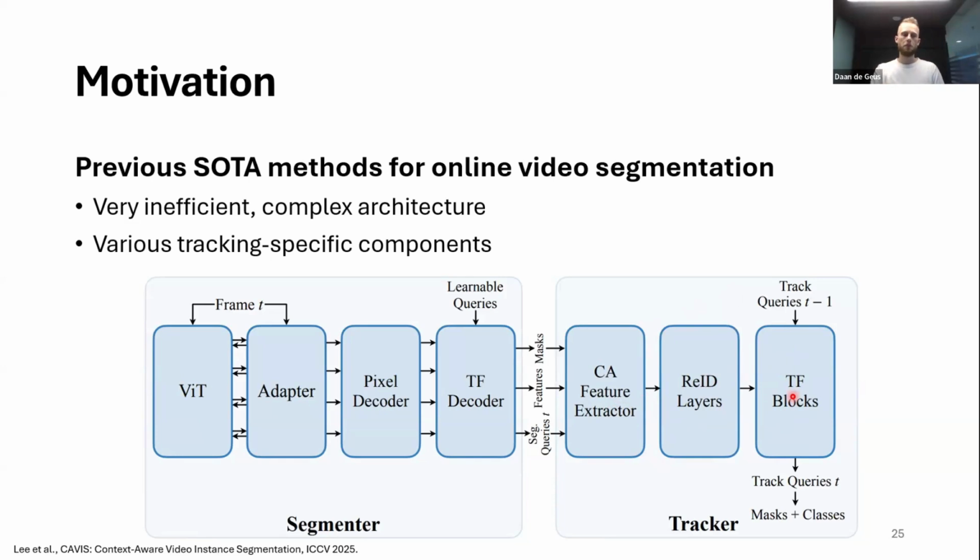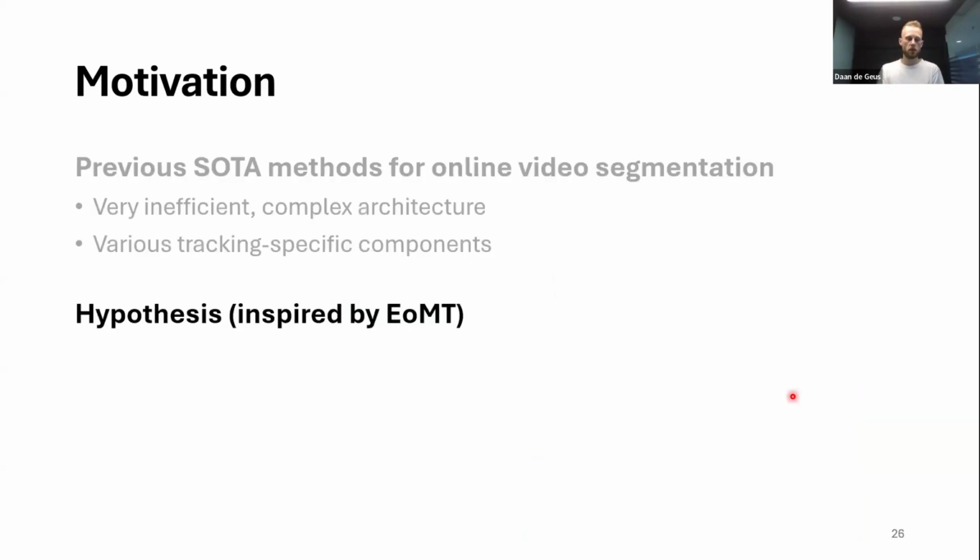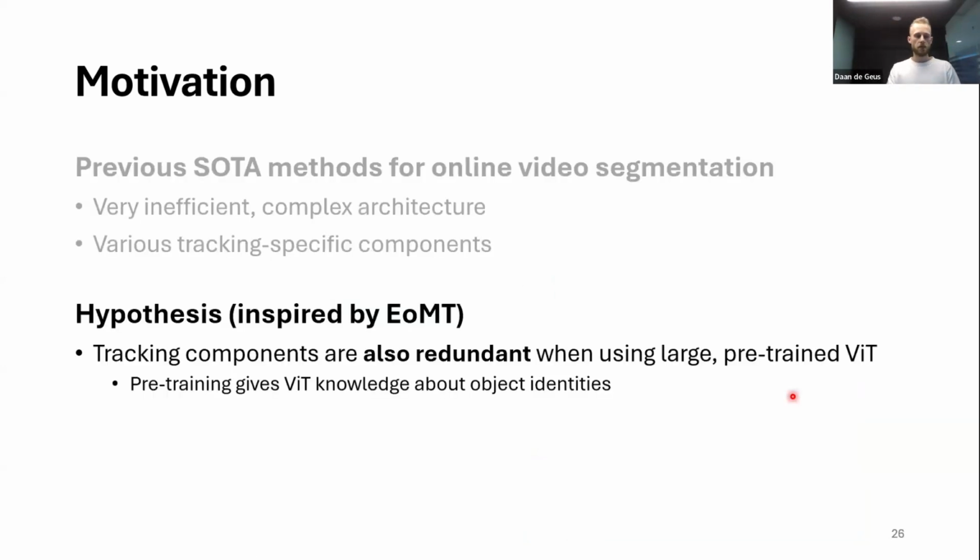So again, maybe unsurprisingly, we had a very similar hypothesis that these tracking components also become redundant when using large pre-trained vision transformers. And we think that this is the case because the only thing that these video segmentation tasks require beyond image segmentation is that we need to do re-identification of objects between adjacent frames.